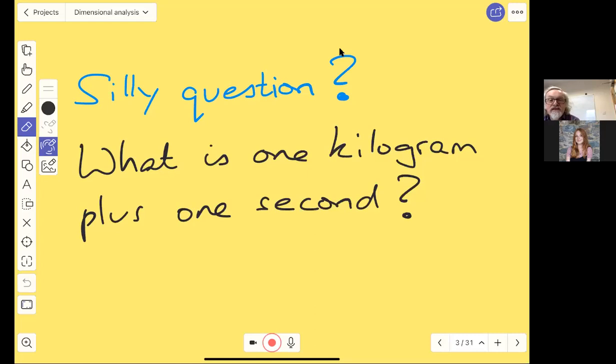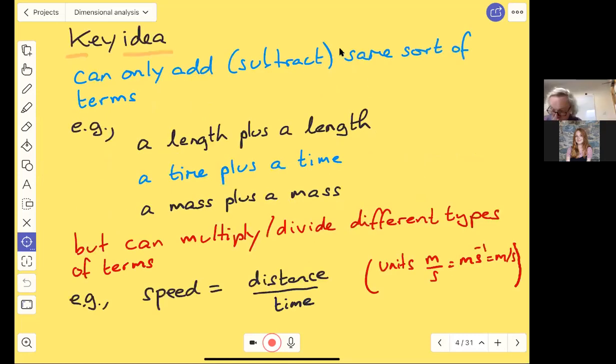It's not just the fact that they're different units, but there are different types of quantities. This is a silly question because it's meaningless. It's a question you can't ask. And this very basic idea lies at the heart of dimensional analysis.